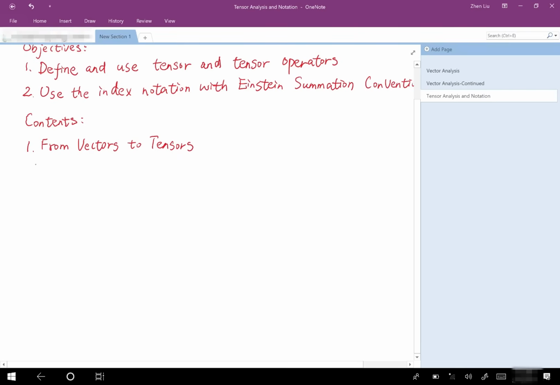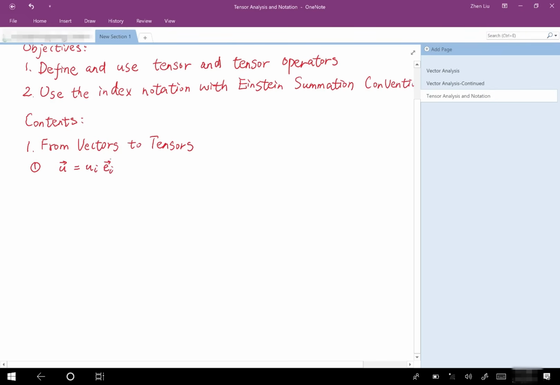So first, let's take a look at what a vector looks like. Again, this is a review. For example, if we have u here, usually we say that in a general way it is u_i e_i.